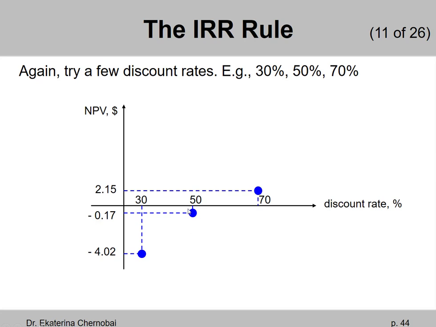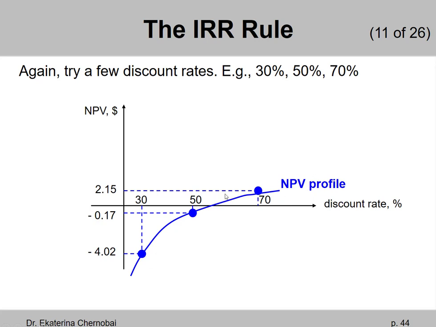At 50% discount rate, the net present value is negative 17 cents. And at the highest 70% discount rate, the net present value is positive $2.15. So we can draw a smooth curve going through these 3 points, and that's our net present value profile.